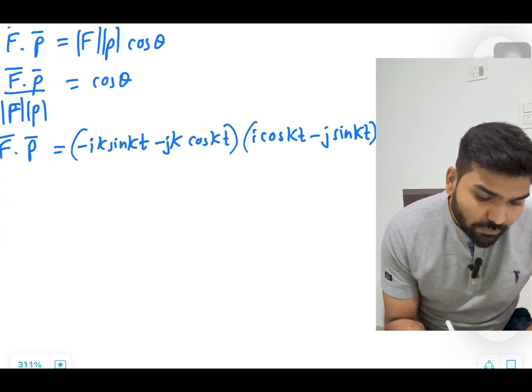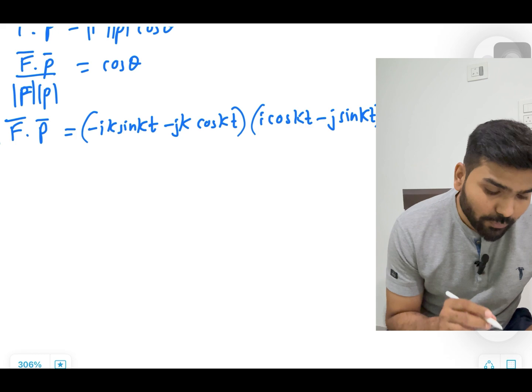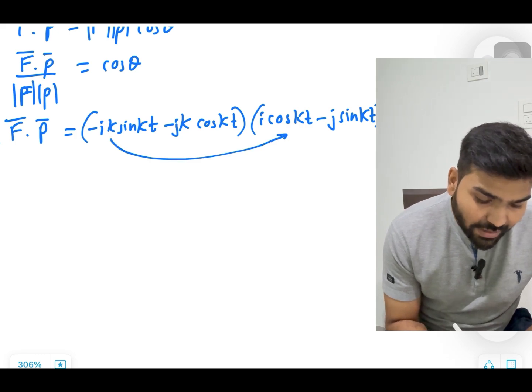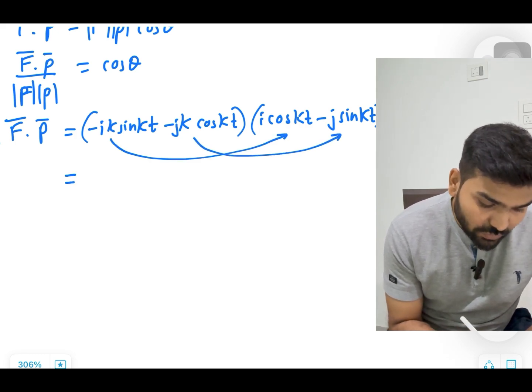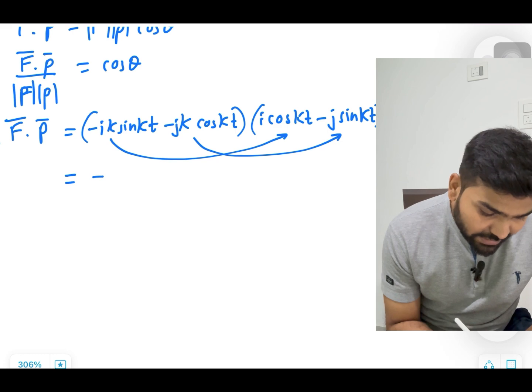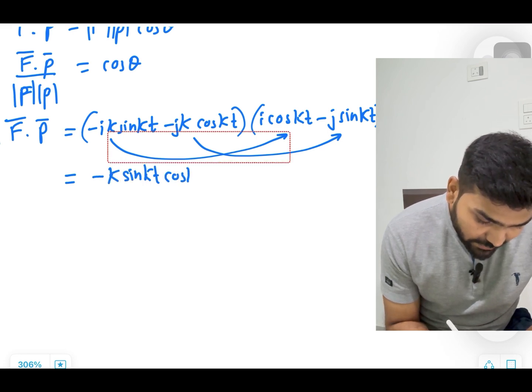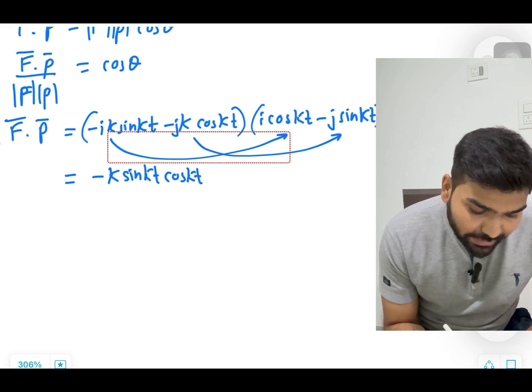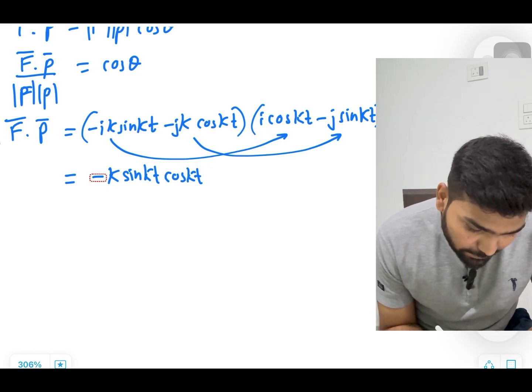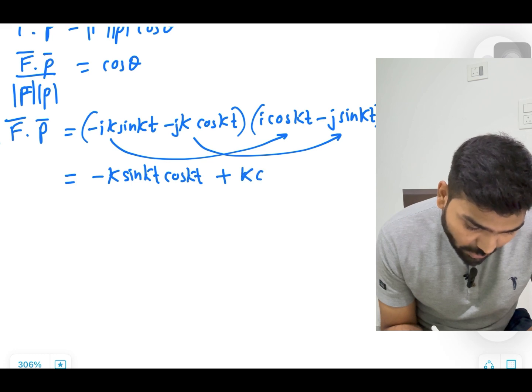If we check more to find out the dot product, we have to multiply I with I and j term with j. So this will give you minus k sin kt into cos kt. This is the I term, and the j term will be minus into minus, this will become plus. So k cos kt into sin kt.